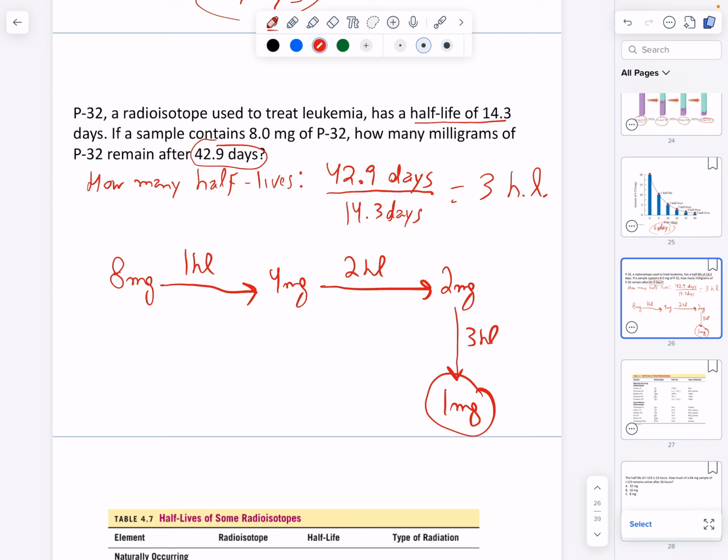You always want a short half-life. Imagine this person has leukemia, is exposed to phosphor 32, and the half-life is 14.3 days. That means for 14.3 days that person is going to be suffering. But not only 14, in this case 42.9, and still there is 1 milligram of radiation left in their body.